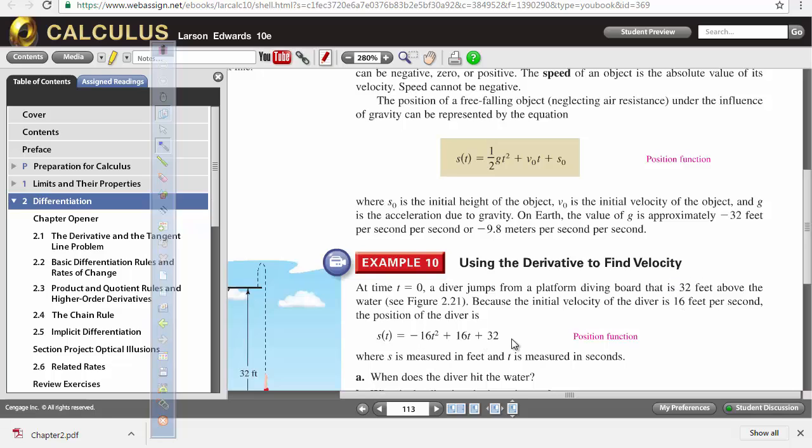Notice that this 32 is right here. It's the s naught in our equation. And then it says the initial velocity is 16 feet per second. So that's how we get this coefficient right here. So v naught is initial velocity, s naught is the initial position. This is a pretty general form for our position function.